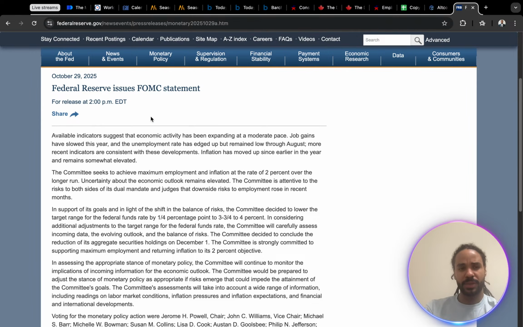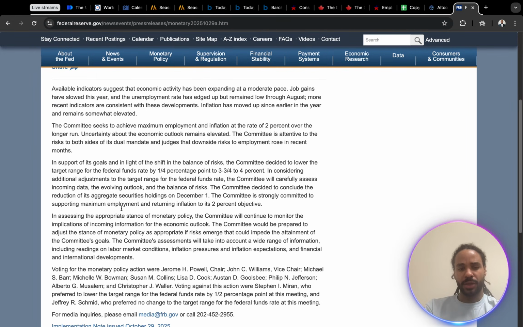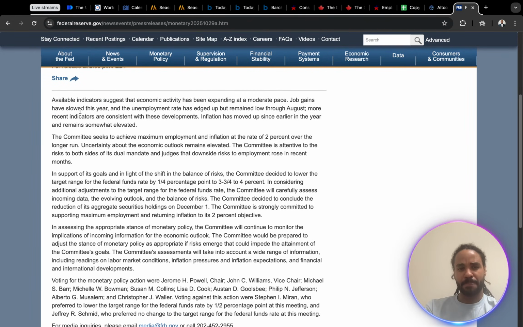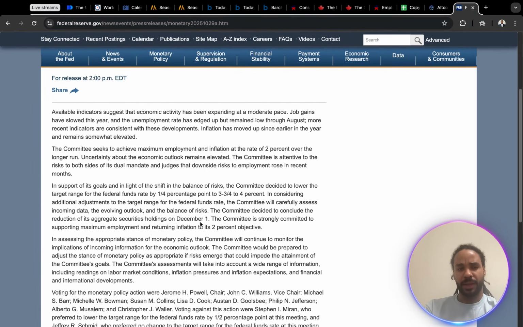Now, when you come to the release, you could see the summary here. I'll just read it really quickly and give you an overview of how I interpret it. Available indicators suggest that economic activity has been expanding at a moderate pace. Remember, moderate pace. And these words, you might have them journaled somewhere so that next time they come out, you have an idea.